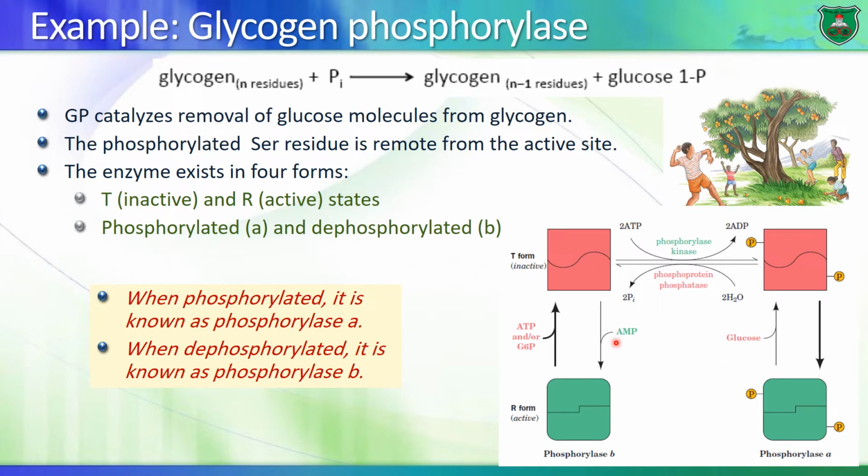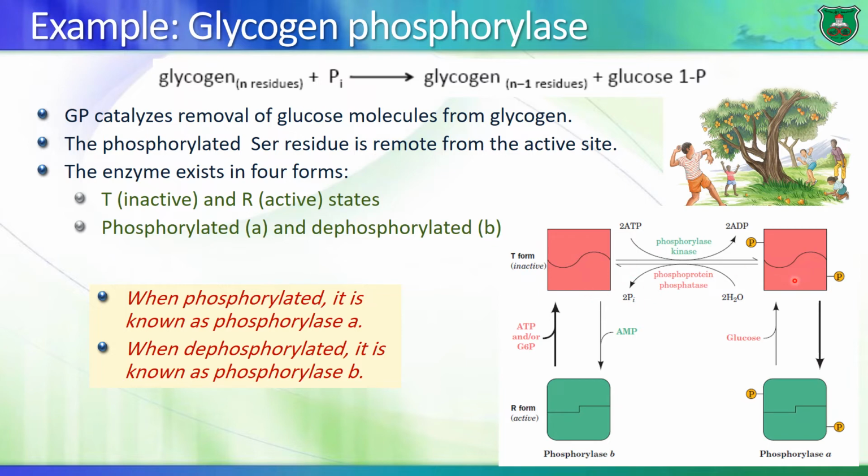Now note the arrows in here. When the enzyme is dephosphorylated, it mainly prefers to be in the T state. So you have phosphorylase B in the T state, the inactive state.